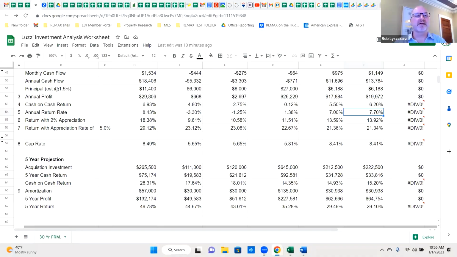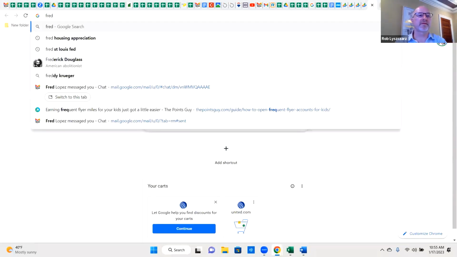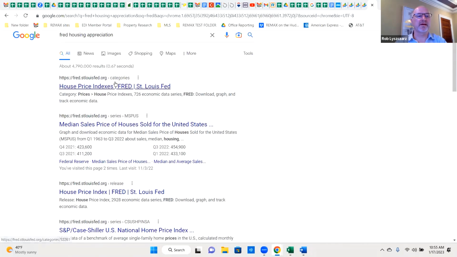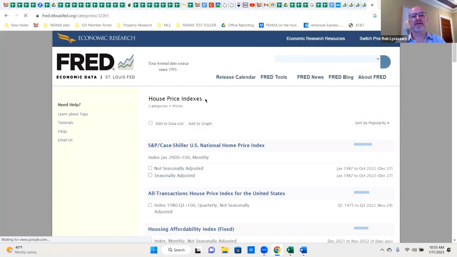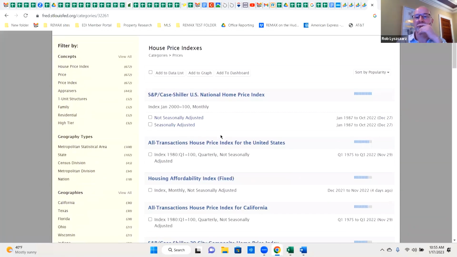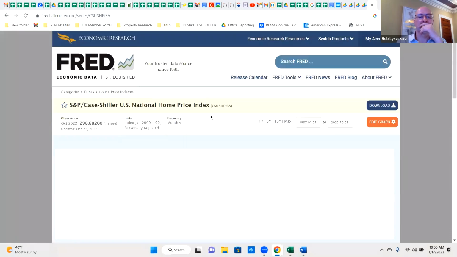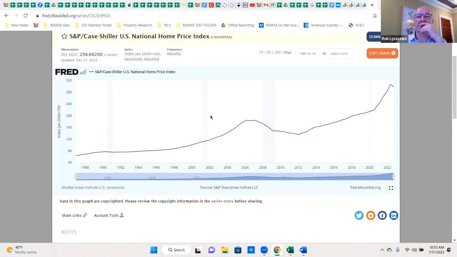Now, I'm going to deep dive here on a tangent just for a moment, and I'm going to show you something which is a pretty cool thing. This is the Case-Shiller index.